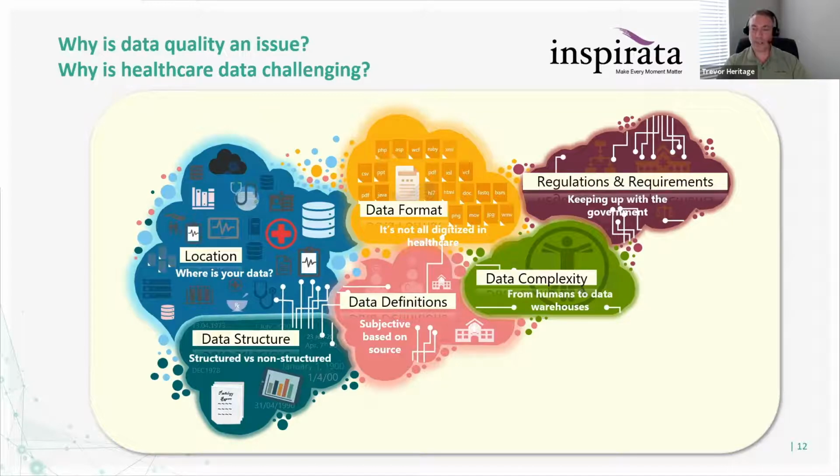And also the data is subjective. What's painful for me might not be painful for you. If I'm a clinician documenting pain on the same person, I might categorize it as an 8 out of 10, and you might categorize it as a 5 out of 10. So how do you sort that differentiation out?